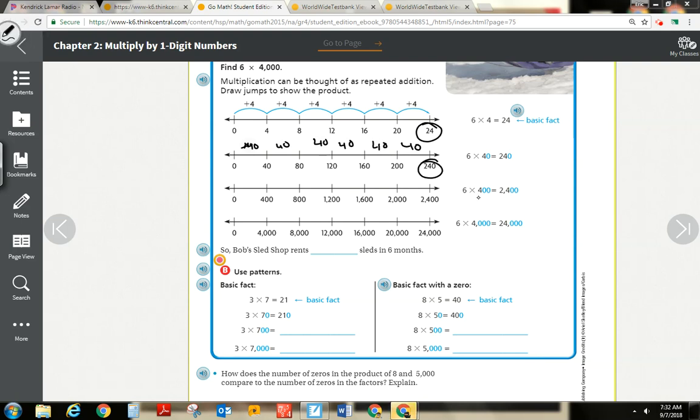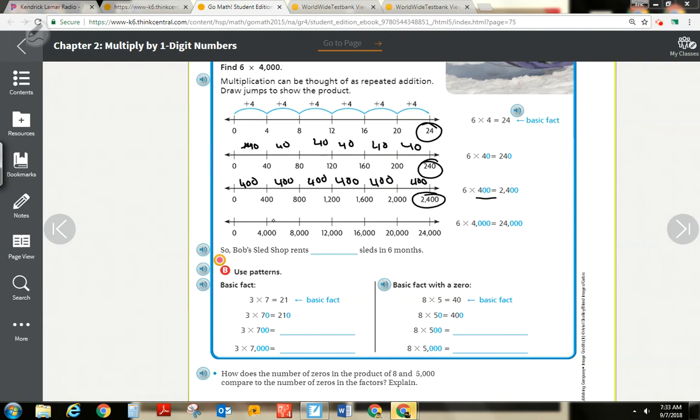When the problem is 6 times 400, we're going to do jumps of 400. So 400, 400, 400. And since it's 6 times, we're going to do 6 jumps. That gets us to 2,400.